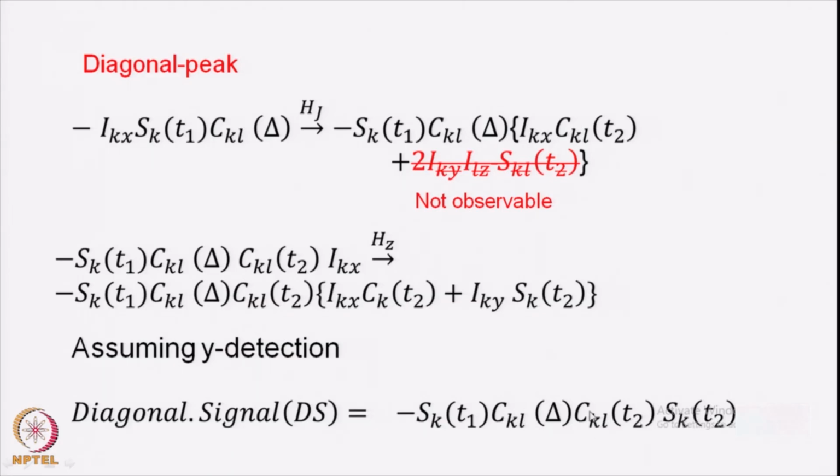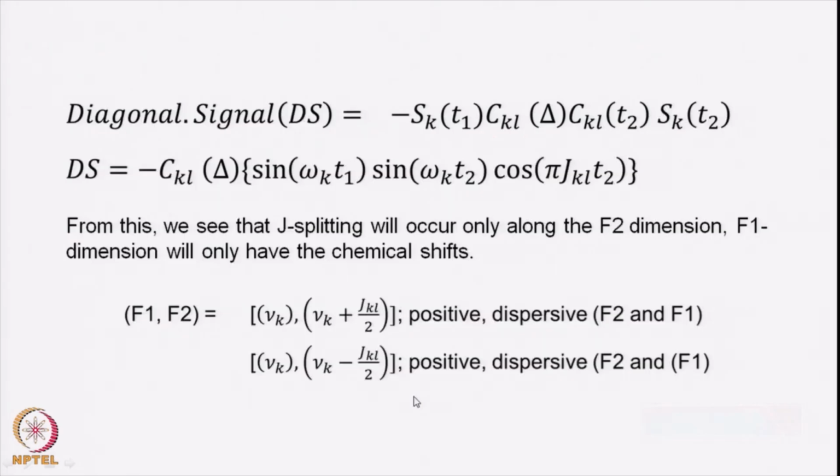Therefore, when I Fourier transform along the T2 dimension, I will have both the chemical shift and the coupling information, and both of these have the sine terms. Okay, let us expand this. So I have here the same expression, the diagonal signal. I have removed this IKY, because when you take the trace with IKY, IKY squared goes to 1, and therefore the signal is only dependent on these coefficients: SKT1 CKL delta, CKL T2, SKT2.